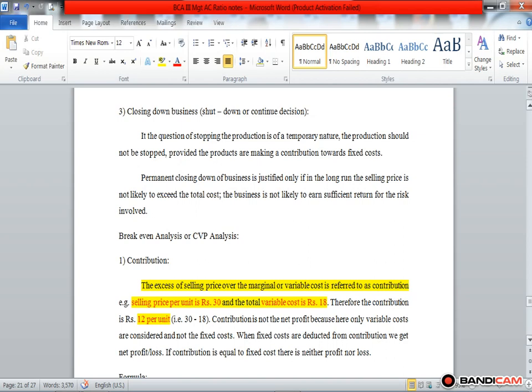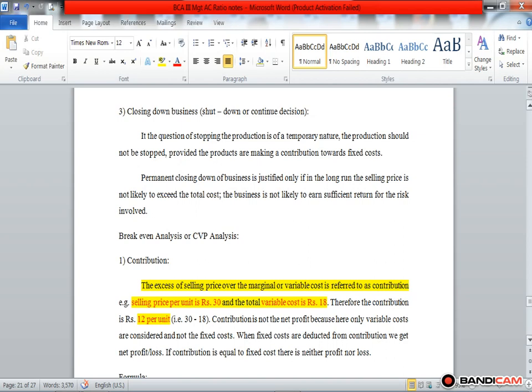Okay, how do we calculate the 12 per unit? Selling price minus variable cost, we get a contribution of rupees 12 per unit. Here contribution is not the net profit of the organization, because only variable costs are taken into consideration and not the fixed cost.